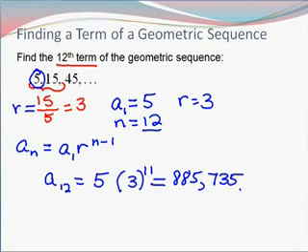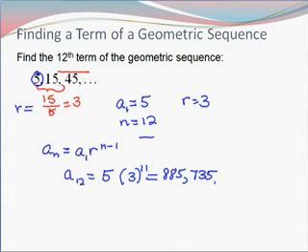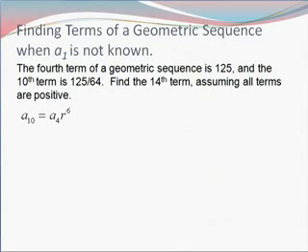Next, we're going to look at what happens when you don't know what A1 is. In this case, being that we don't know what A1 is, we can't really use A n equal to A1 r to the n minus 1 directly.